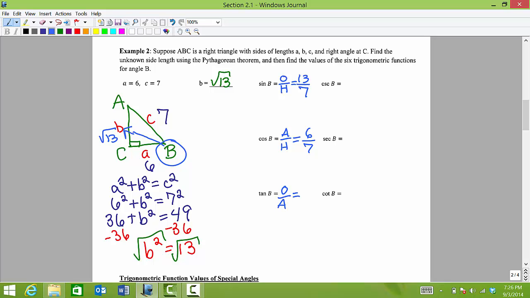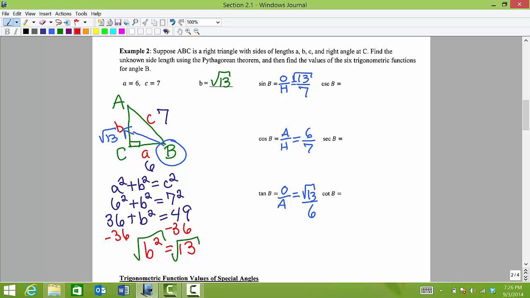And the side that is opposite would be square root of 13, and the side that is adjacent would be 6. So we have sine, cosine, and tangent of angle B. Now, it should be square root of 13 up here for sine. So now we will take the reciprocal of our sine, cosine, and tangent functions.